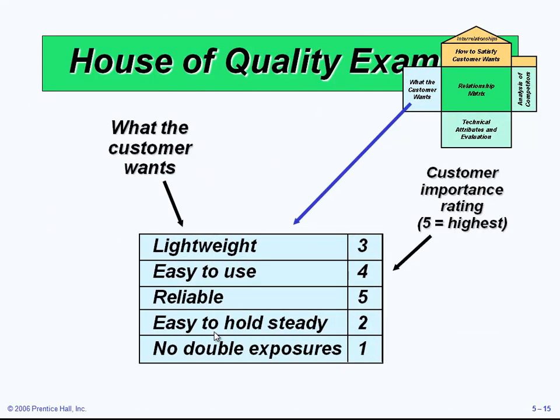They need a lightweight camera, easy to use, reliable, easy to hold steady, and no double exposure. When we asked our customer how important that is for them, they said for the lightweight it's 3, for the easy to use it's 4, for reliability 5, easy to hold steady 2, and no double exposure 1.